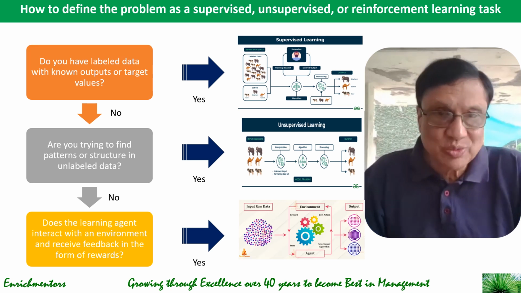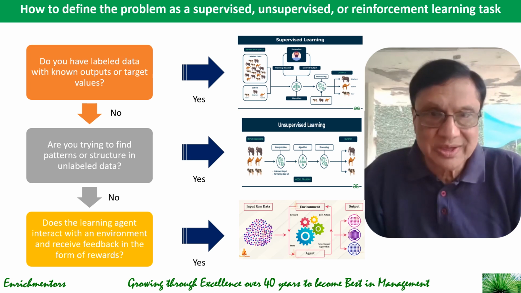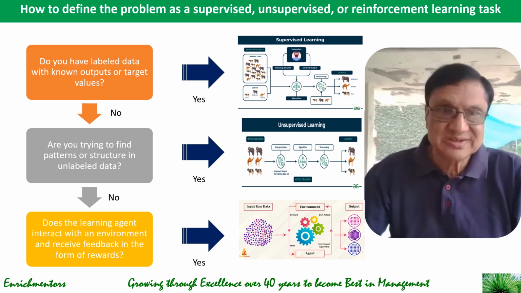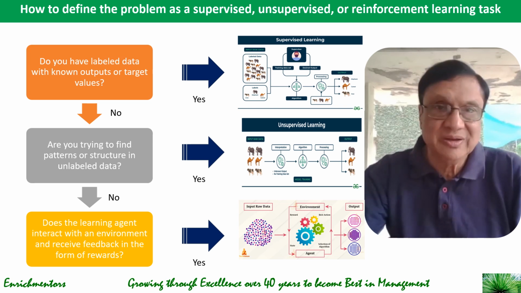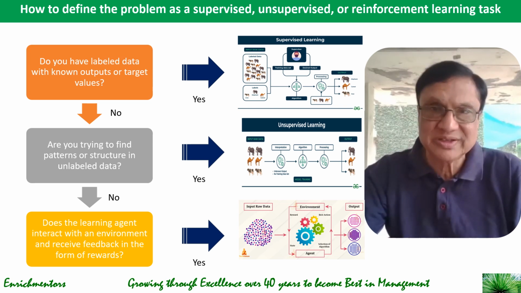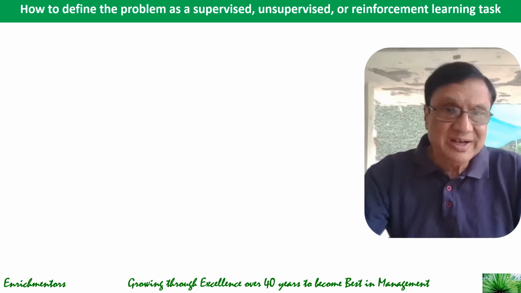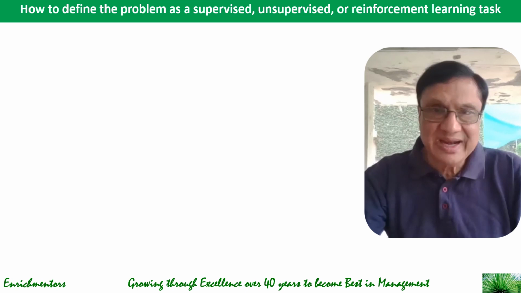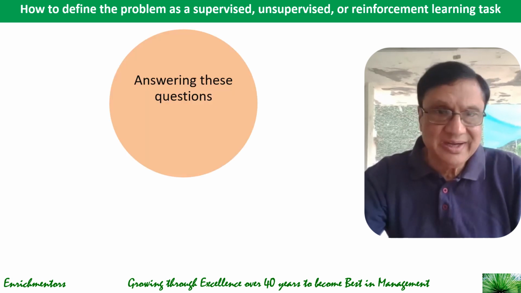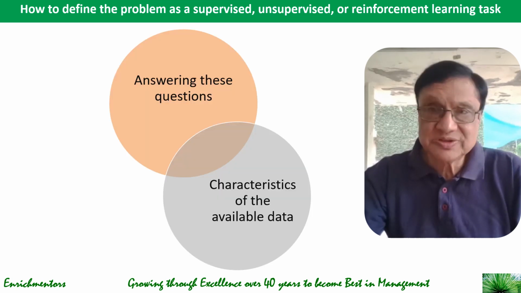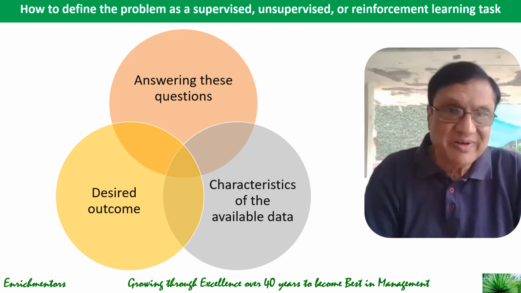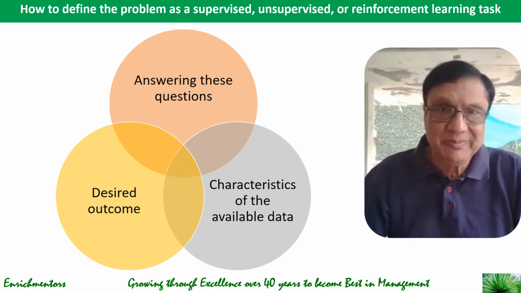So asking these questions in this order and sequence, and eliminating or confirming the task, is the way to go ahead and define the problem as a supervised, unsupervised, or reinforcement learning task. By answering these questions and understanding the characteristics of available data and desired outcomes, you can effectively define the problem as an appropriate type of learning task.